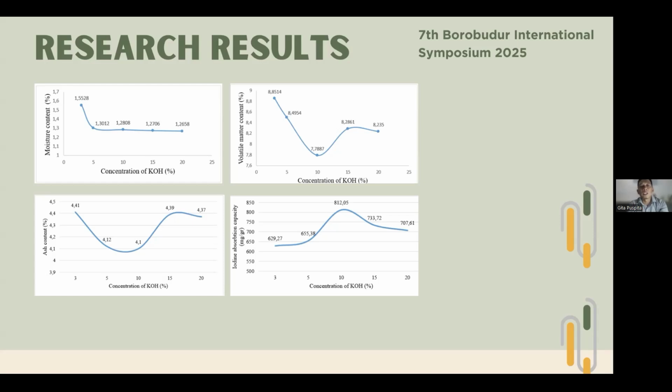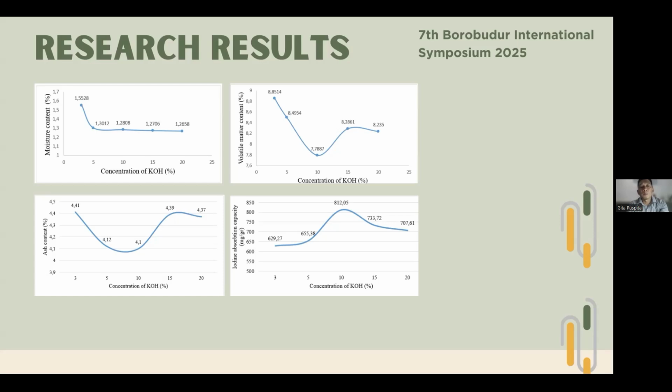Increasing the potassium hydroxide concentration from 3% to 10% increased iodine absorption capacity, which reached a maximum value of 812.05 milligram per gram at a potassium hydroxide concentration of 10%. This increase indicates that the optimal potassium hydroxide concentration successfully formed more macropores, thereby enhancing the activated carbon absorption ability.